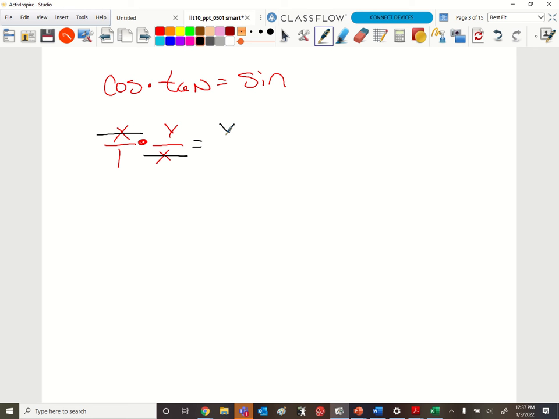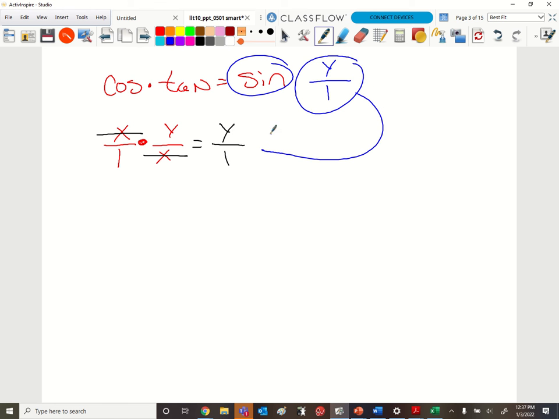Y. And on bottom? 1. So y over 1. Now let's go back to, what is sine supposed to be? Sine is y over R. But what did we say R is? So this is just y over 1. So is this equal to the same thing there? Yeah. That's all we're doing.